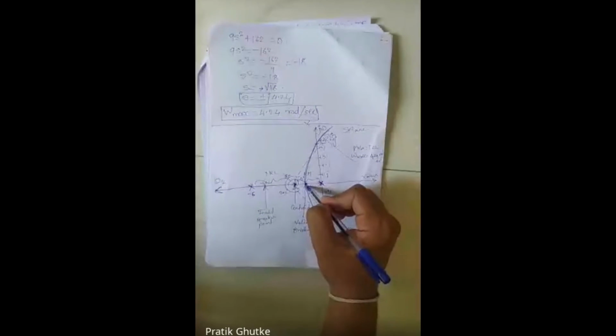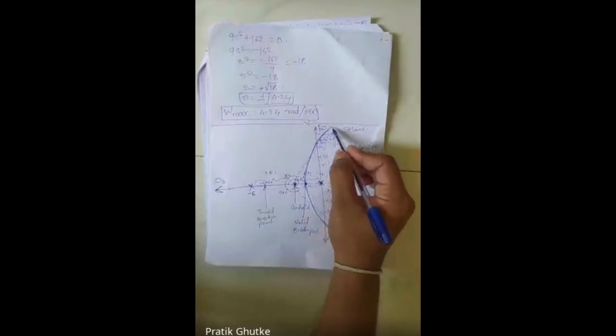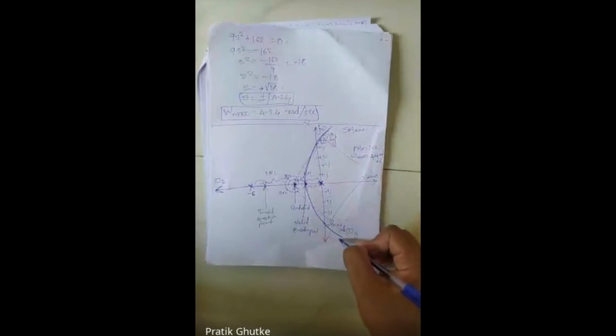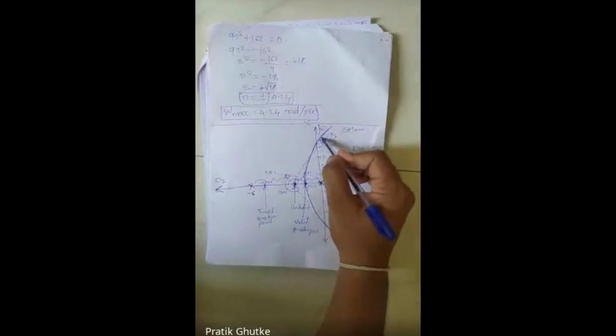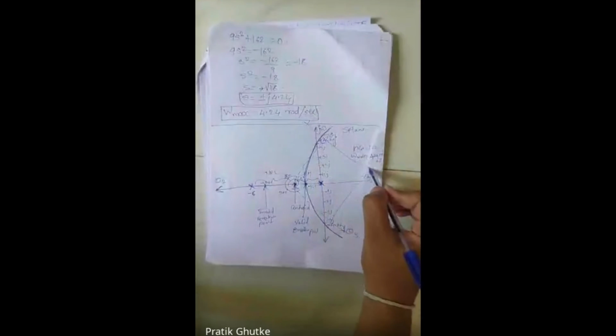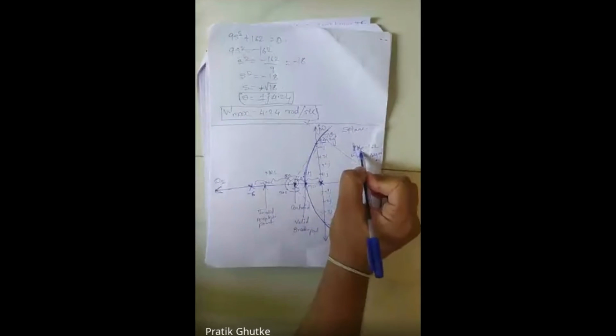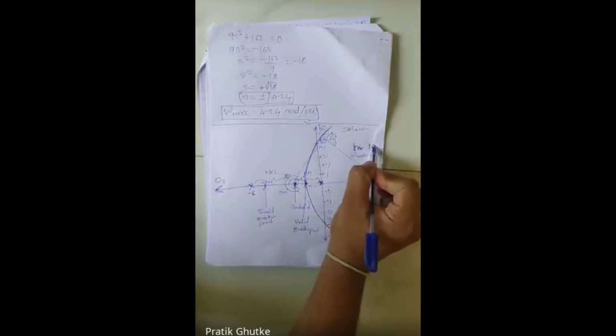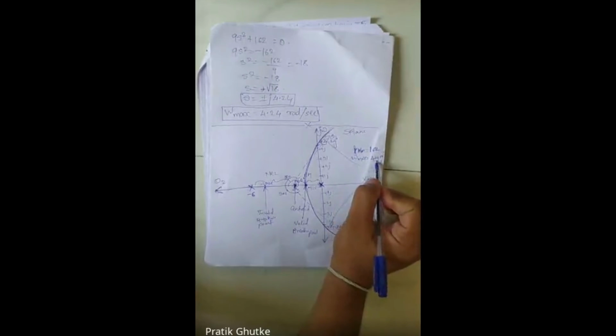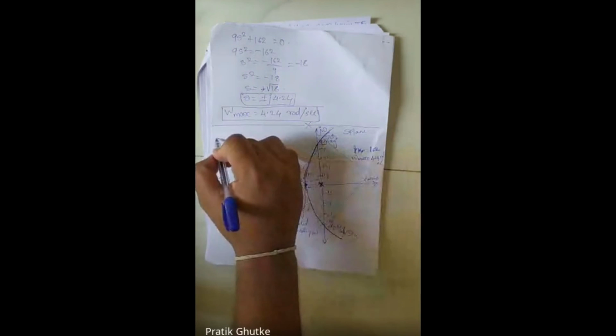So the root locus will start from here and end this way. For this root locus, the value of K marginal will be 162, what we have calculated, and omega max is 4.24 radians per second.